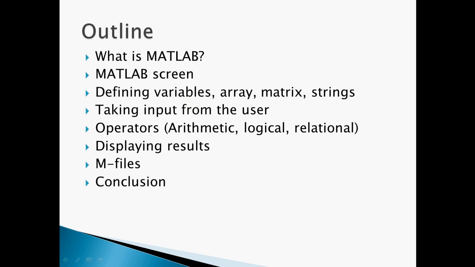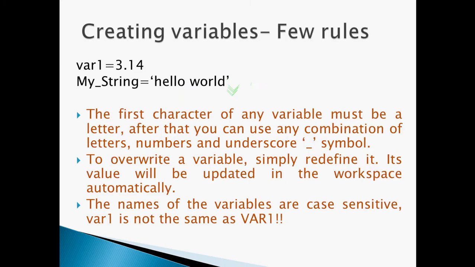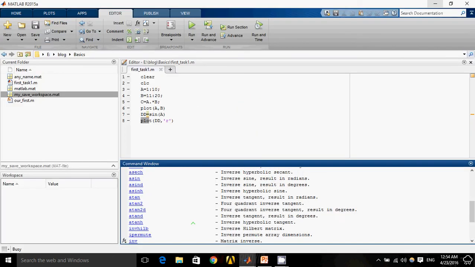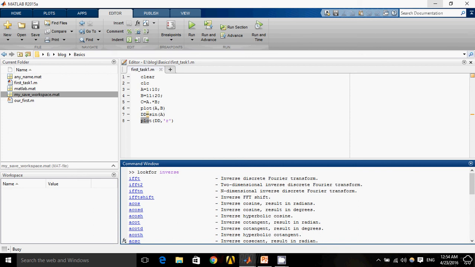So whenever you get any data file, its format will be .mat. There are other formats, but .mat is the most common format for MATLAB files. Similarly, whenever you're dealing with MATLAB code, its extension will be .m.